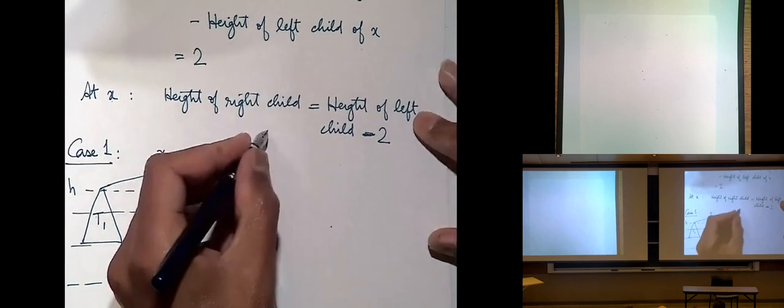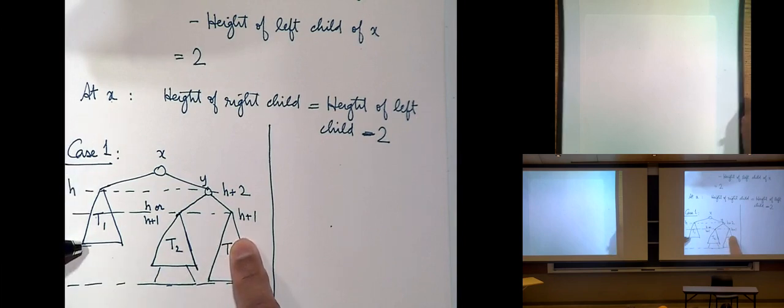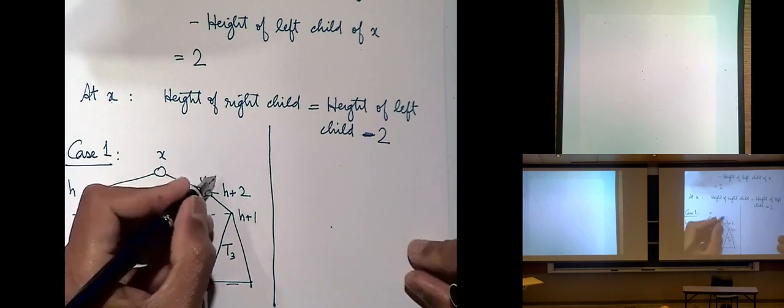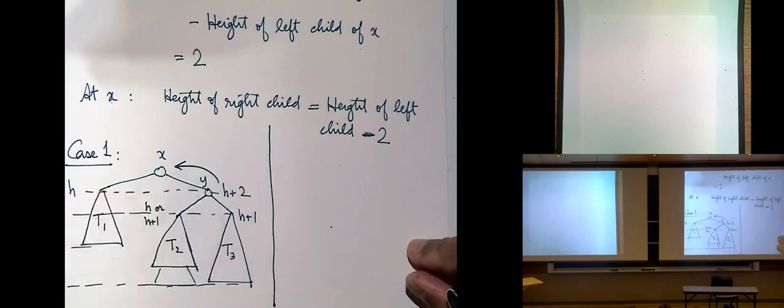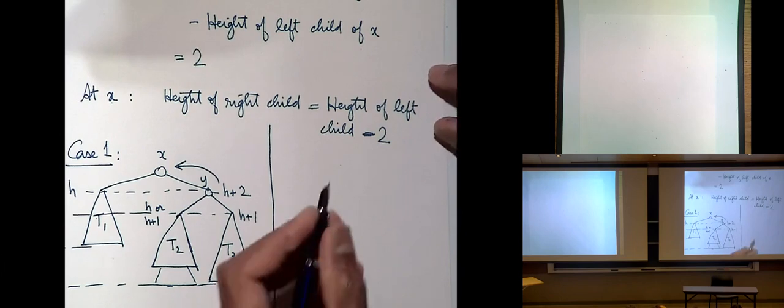So what we're going to do is fix this by a rotation. What you want to do is T3 has to move up, and T1 can move down. So if we rotate this way, we'll fix the problem. Okay, so we rotate this way to fix the problem.